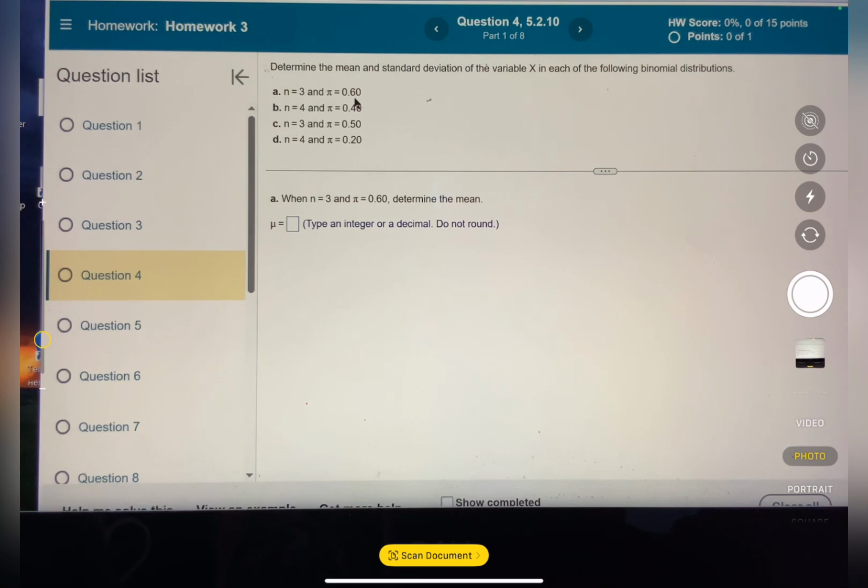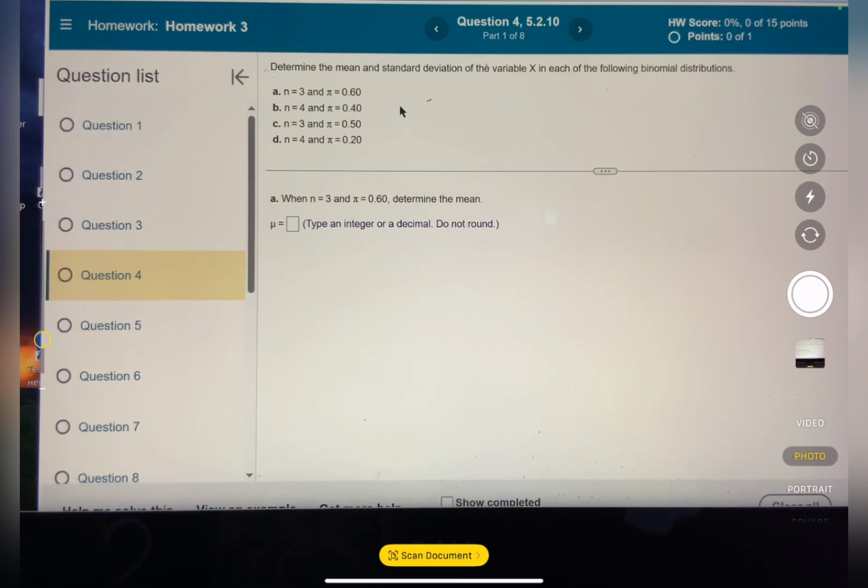Then it also has a P, probability of success: 0.6 is 60%, 40%, 50%, 20%. And accordingly, you can calculate the probability of failure. And the cases are independent. They don't depend on each other.